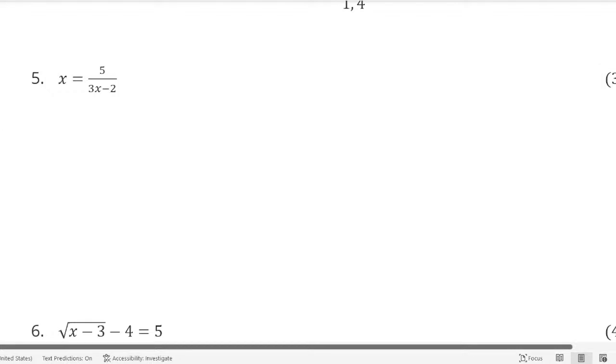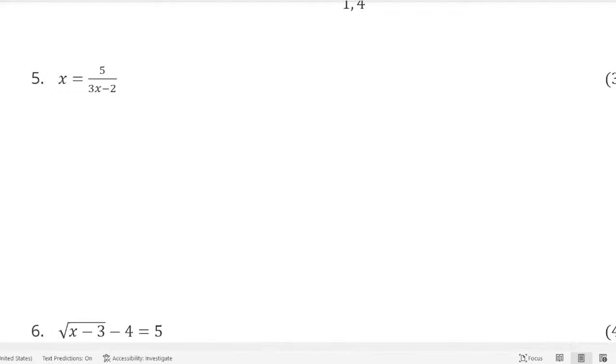So the first thing we need to do here is eliminate, remove the fraction. In order to remove the fraction, we multiply each term by the lowest common denominator.